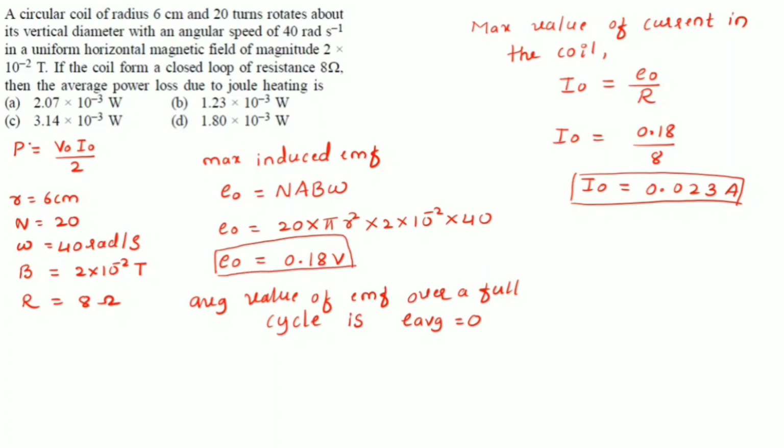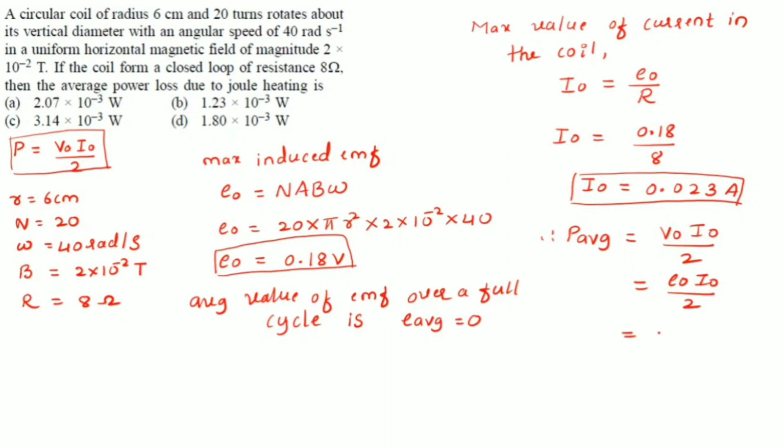Now we have the formula. Average power dissipated is P equal to V naught I naught divided by 2. Substitute the values here. So therefore P average or average power dissipated as Joule heating, that is V naught I naught divided by 2. Or you can write E naught I naught divided by 2.